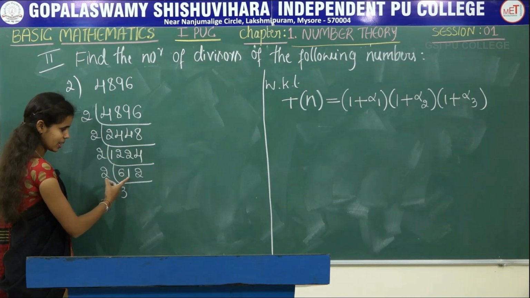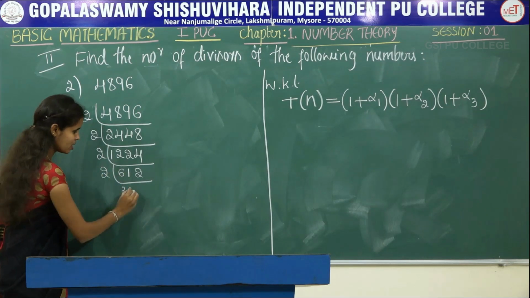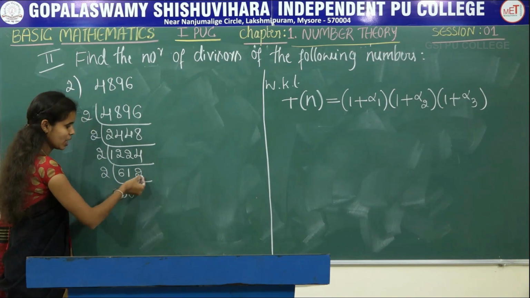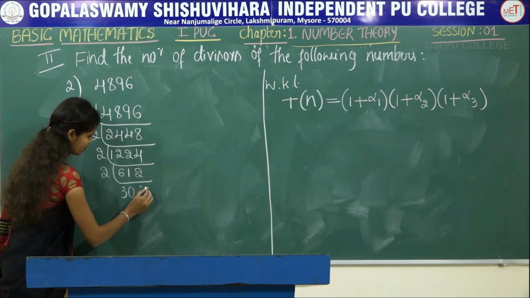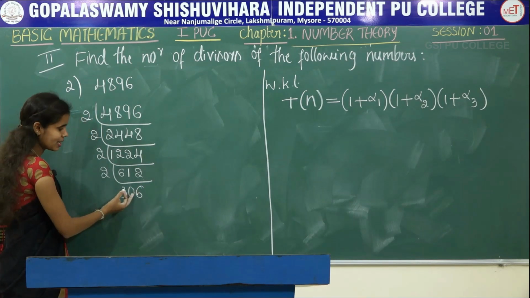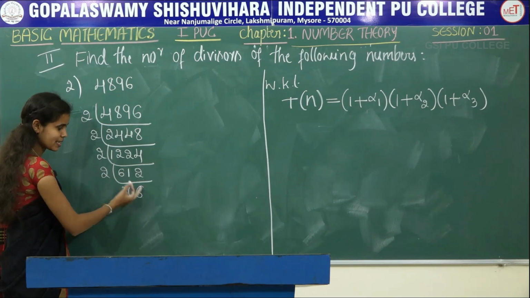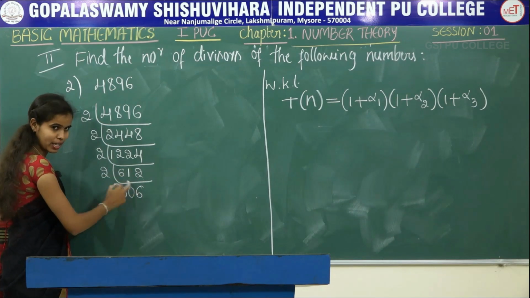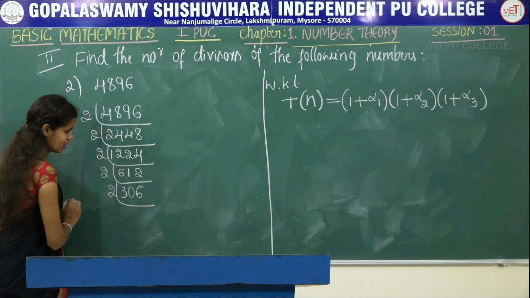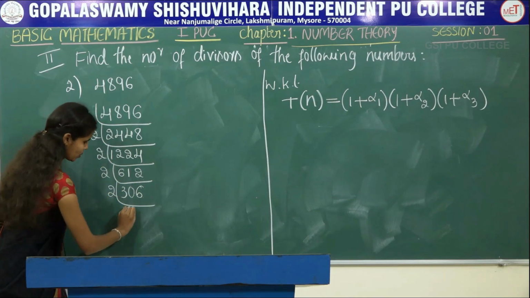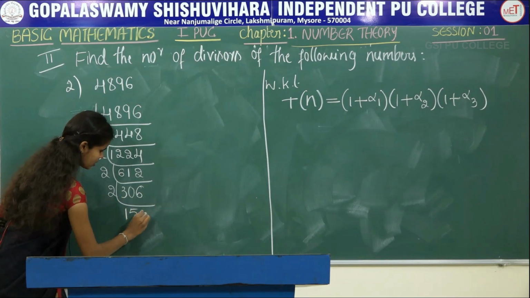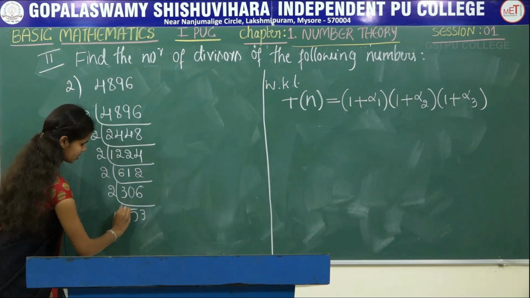So next number is 1, 1 is less than 2, so 2 zeros are 0, and the next number will become 12. Don't write 36, it is 306. 2 into 306 is 612. Carefully here, don't write 36. Okay. So next again even number, divisible by 2.